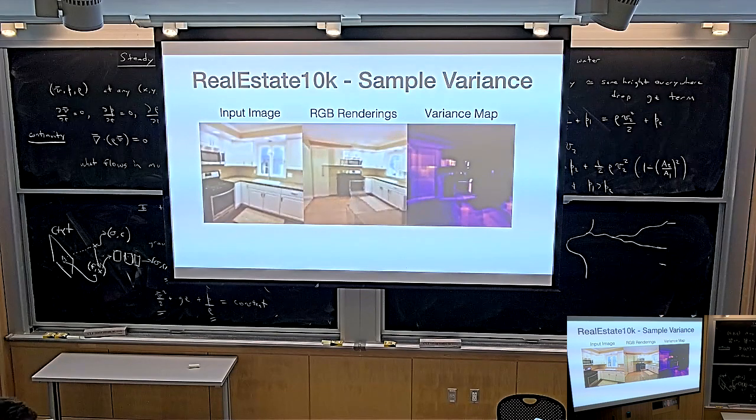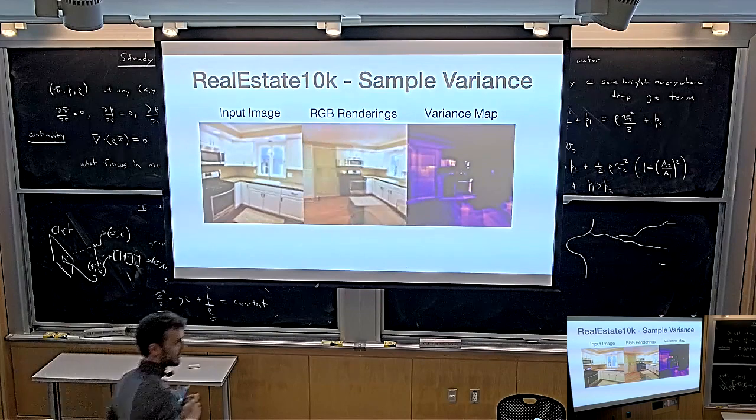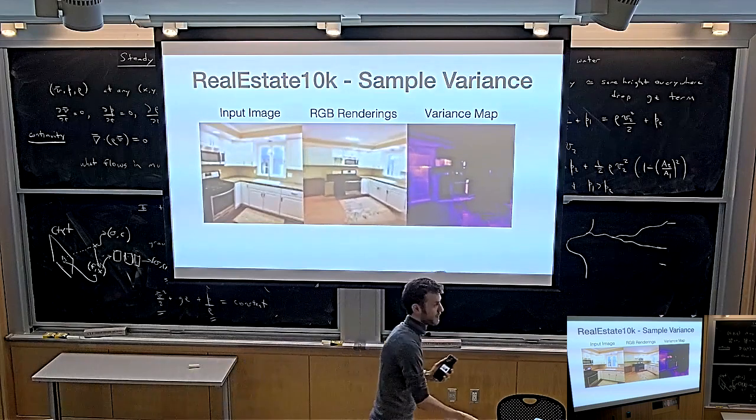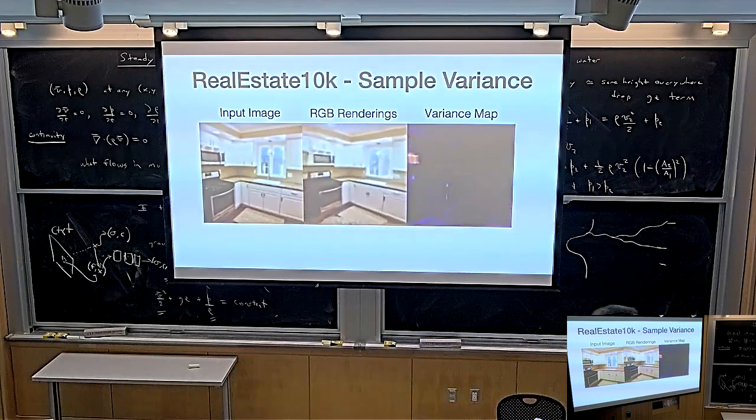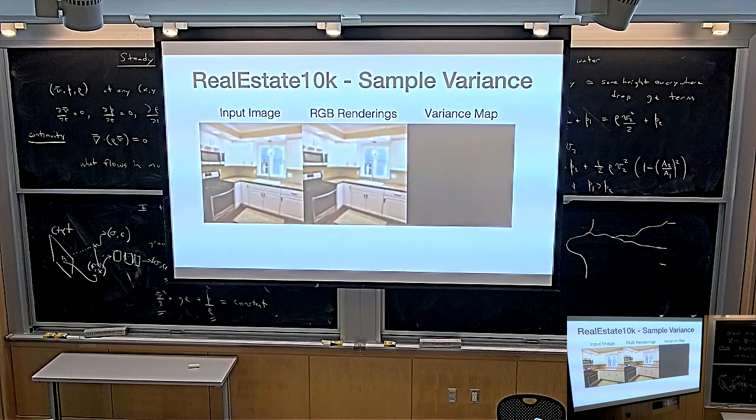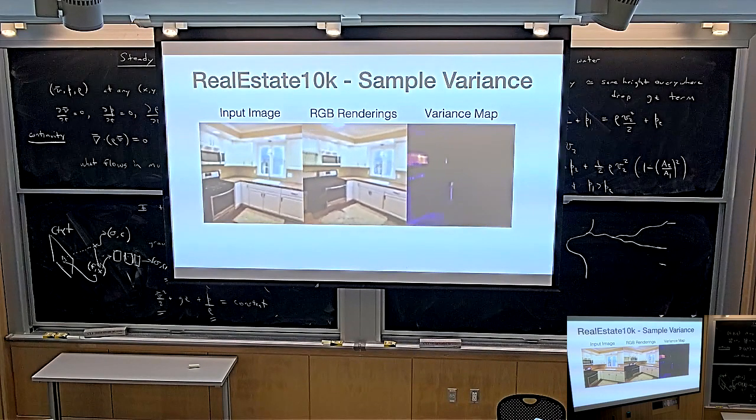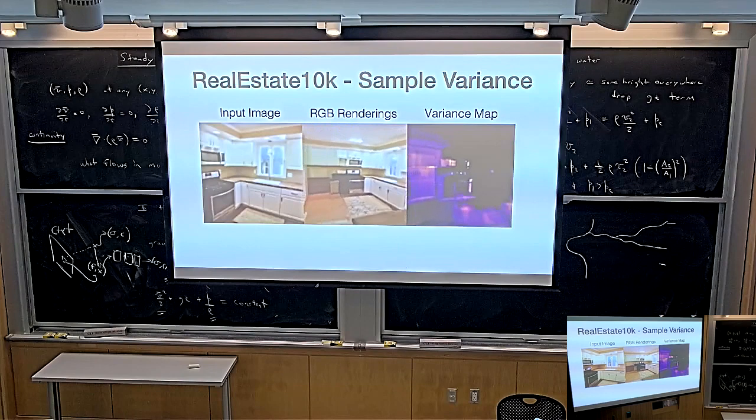Where does the uncertainty come from? Maybe you can look at the oven and try to figure out what's going on. So here's the oven. What happens with the oven as we sample? Any guess? Yeah.